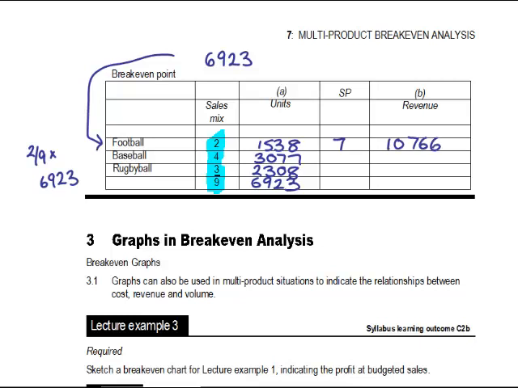Our baseballs sell for 6, and that comes to $18,462. And finally our rugby balls are 9, and that comes to $20,772. So that's a total of $50,000 in revenue to break even, and 6923 units.